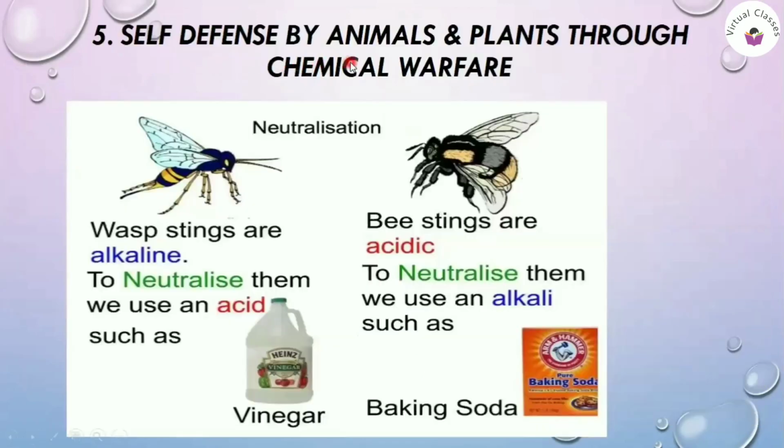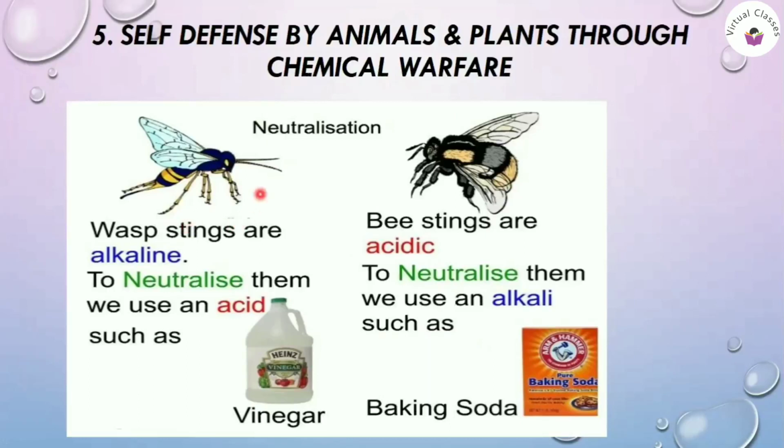Next is self-defense by animals and plants through chemical warfare. Have you ever been stung by a honeybee? The bee sting leaves an acid which causes pain and irritation. Use of a mild base like baking soda on the stung area gives us relief.